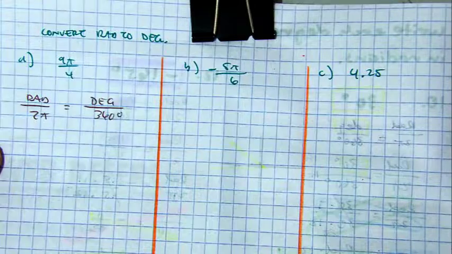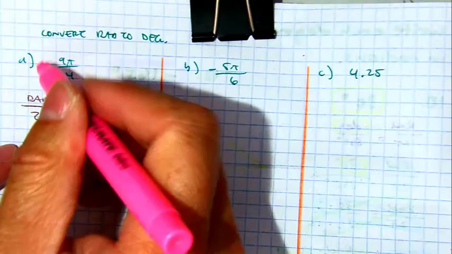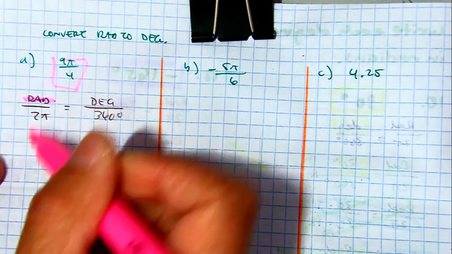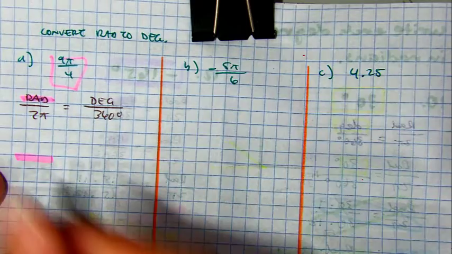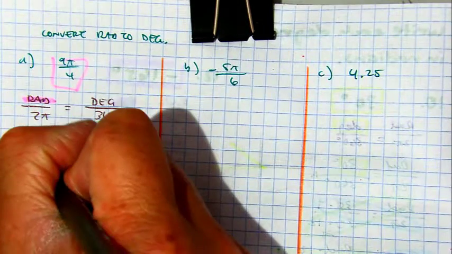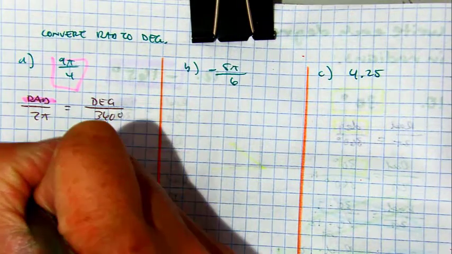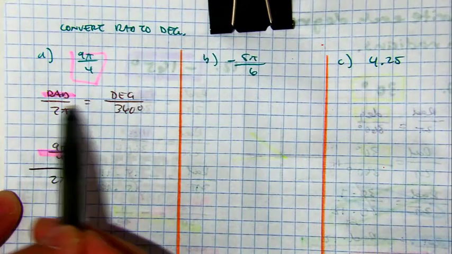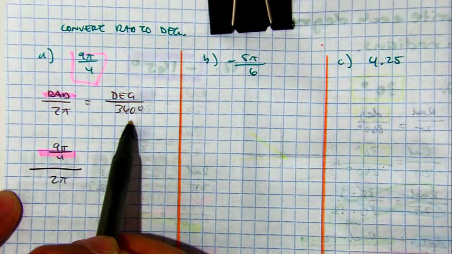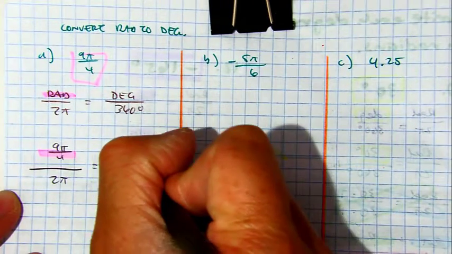Correct. We have radians. I'm going to put it here. Nine pi over 4 over 2 pi. So yesterday we learned this awesome proportion: parts over whole equals parts over whole. And now we're solving for the word degrees.